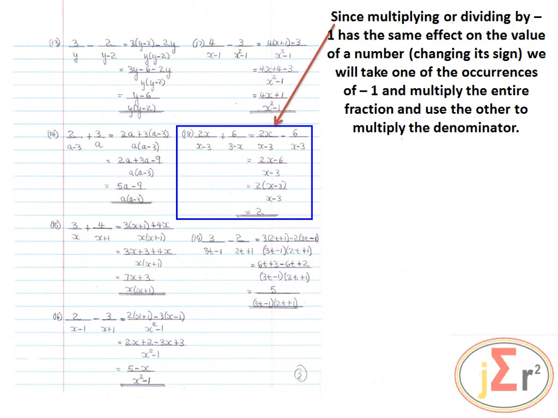Since multiplying or dividing by negative 1 has the same effect on the value of a number, which is just to change its sign, we will take one of the occurrences of negative 1 and multiply the entire fraction, and use the other to multiply the denominator. Let's go.